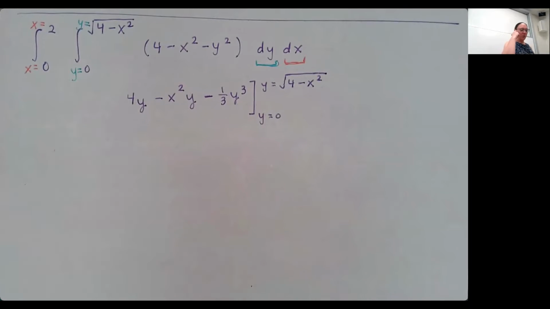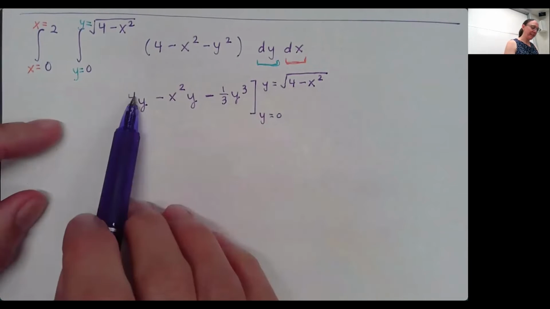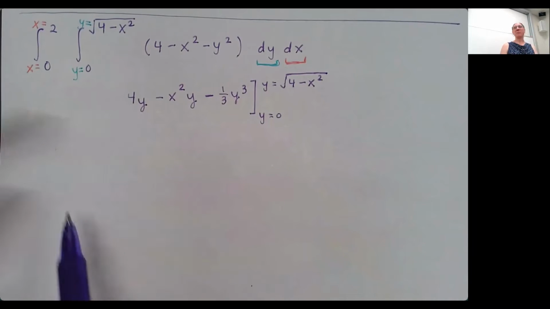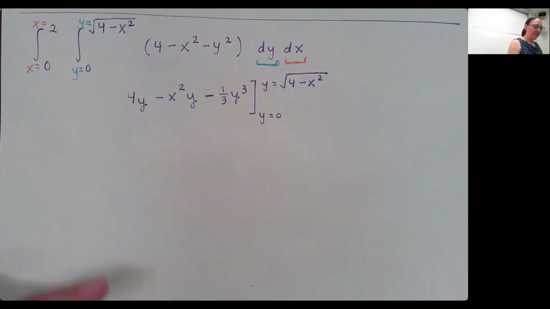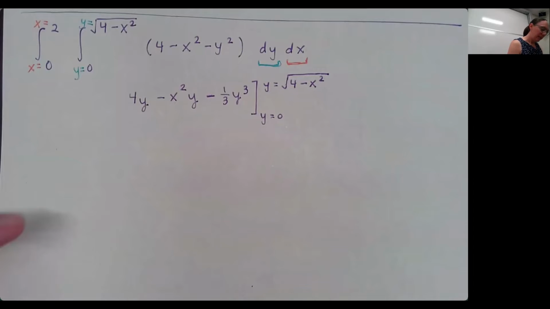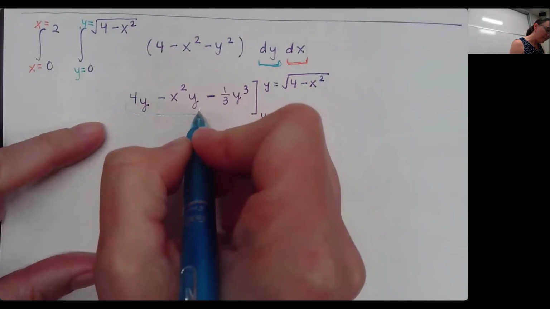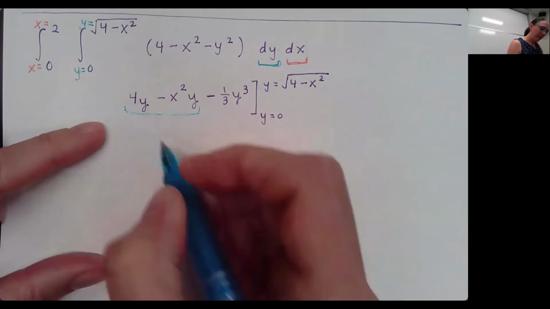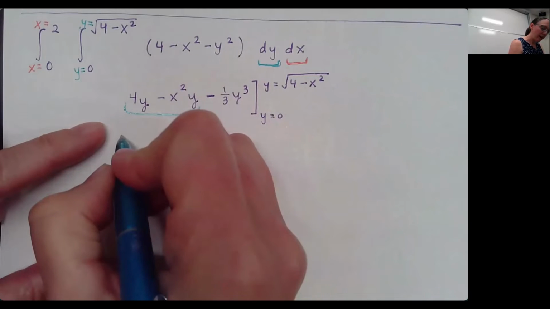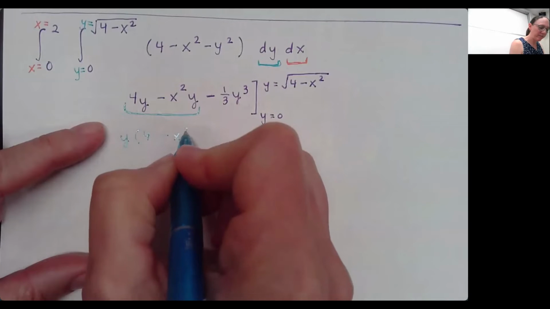Okay. So I'm going to plug in that 4 minus the square root of 4 minus x squared. But this is the piece where I'm going to do something clever. This part, I can look at as y times 4 minus x squared.